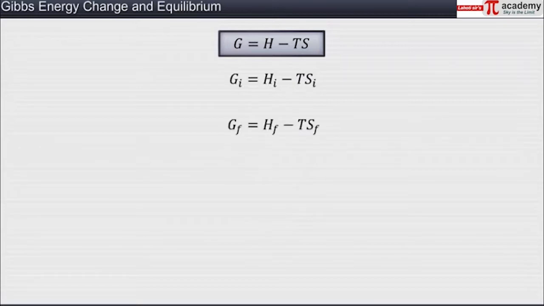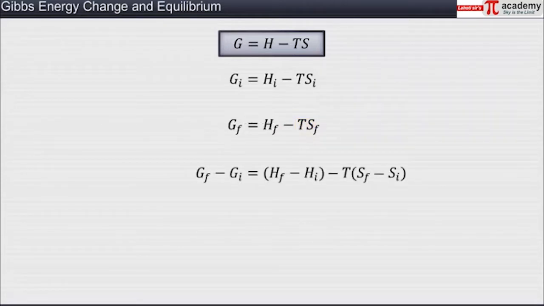Similarly, Gibbs energy of a system in final state, Gf, is equal to enthalpy of the final state, Hf minus the product of absolute temperature and entropy of the final state, TSf.